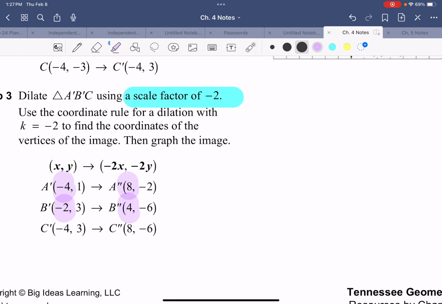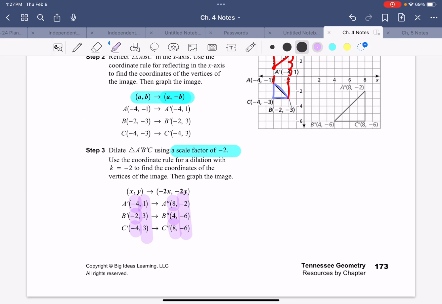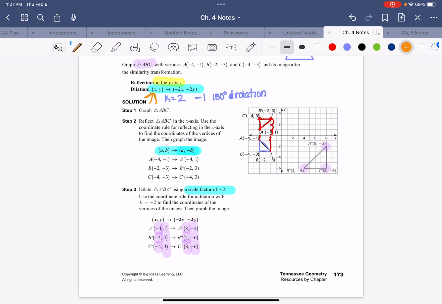X-coordinate, multiply by -2. And you do that for all the x's and all the y's. Now you're going to plot all of these new points that you calculated when you multiplied by -2, and you can see that we took this triangle, rotated it 180 degrees, and also enlarged it to 2 times its original size. Okay? Pretty cool.